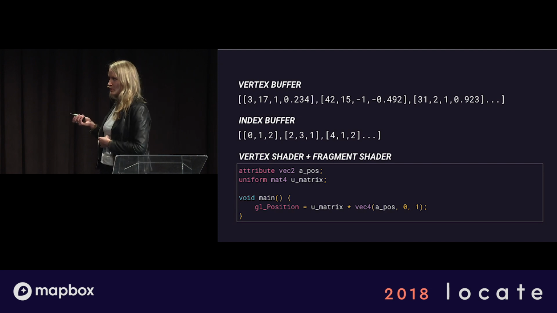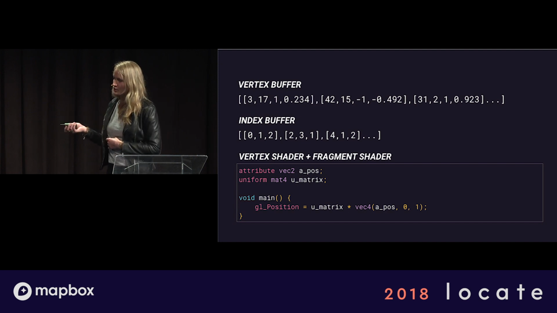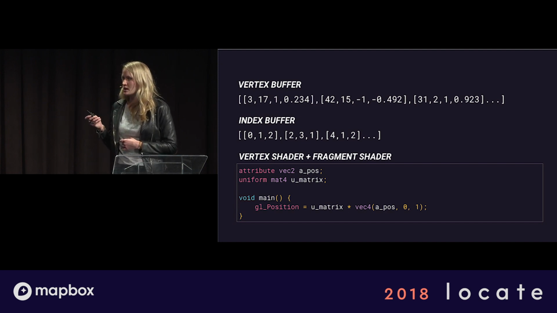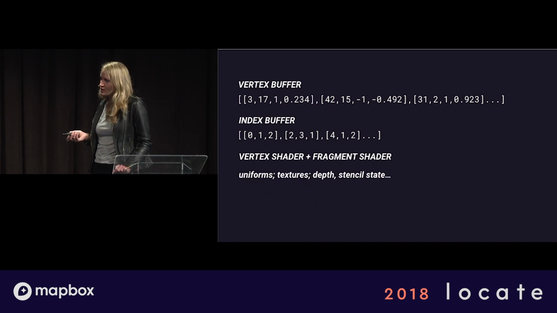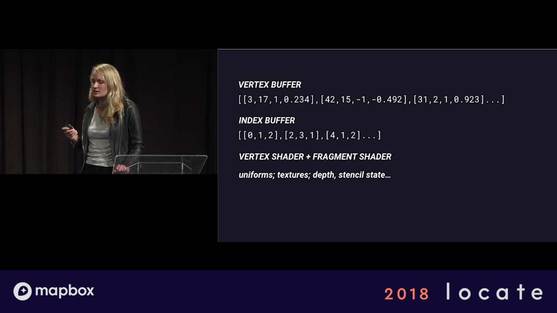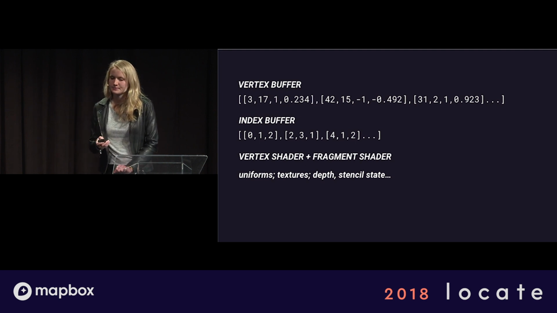You'll notice in this example, by the way, I added this uniform mat4 u_matrix line, and that's how we would have attached a single projection matrix to this shader program, and it will be used for all of the vertices processed by this vertex shader. So now we can just multiply each position by the uniform matrix and end up with the positions in clip space. A few other things I didn't mention too much: uniforms, textures, depth, and stencil state, which you can ask me about afterwards.